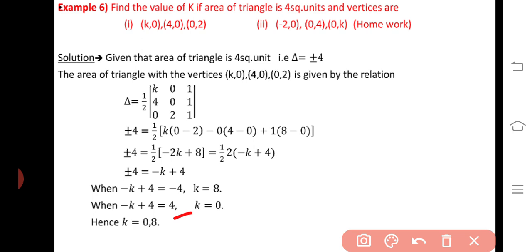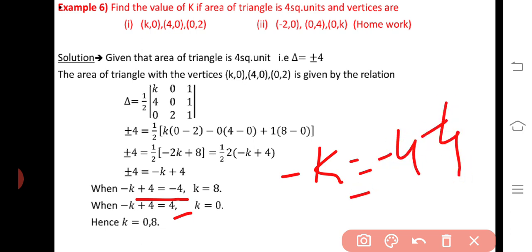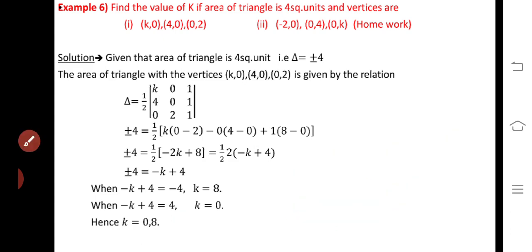If you simplify this, minus k, if you shift to the right hand side, we will get k is equal to plus 8. See here, minus k, you shift that side, is equal to minus 4 minus 4. This implies minus 8, minus k, negative sign will get cancelled, k is equal to 8.